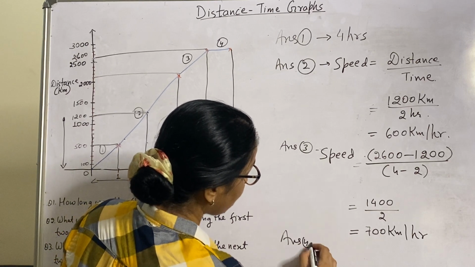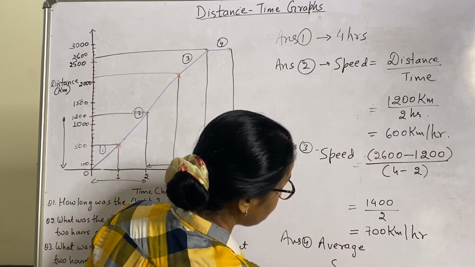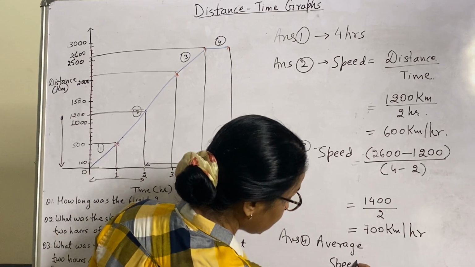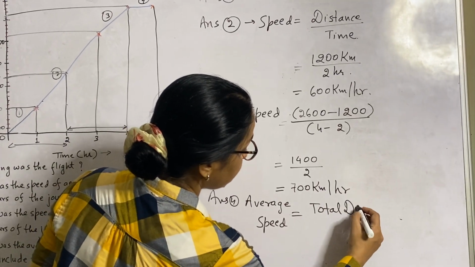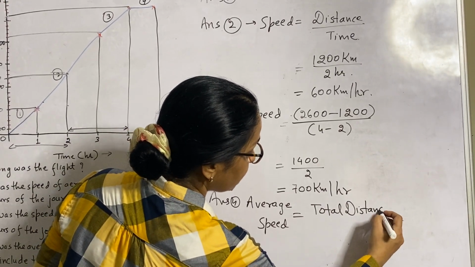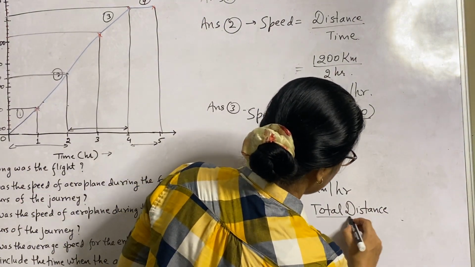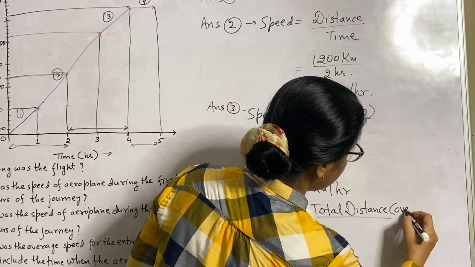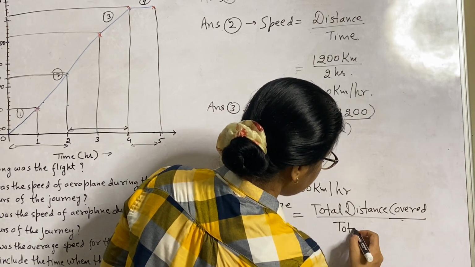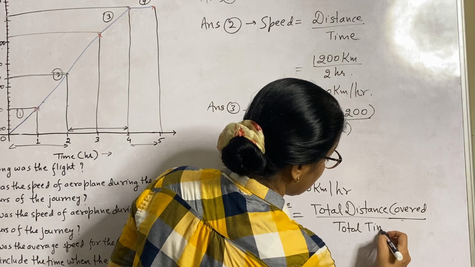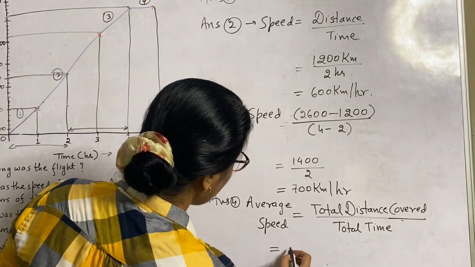Average speed is what? Average speed is equal to total distance covered divided by total time taken to cover that distance. So the average speed would be what for us?